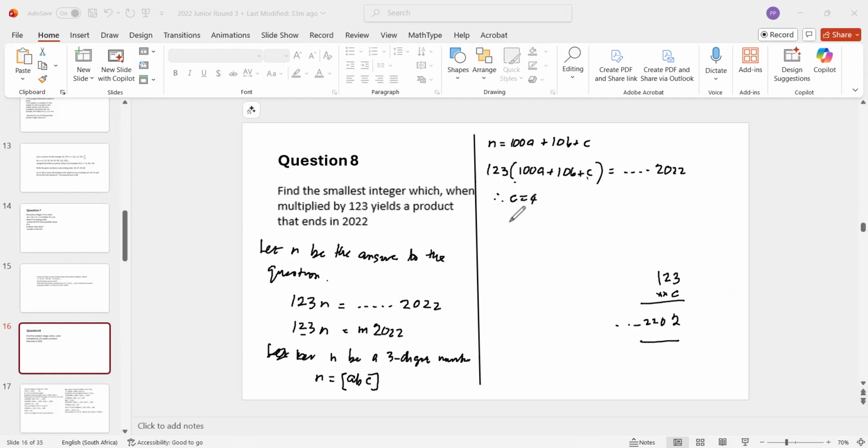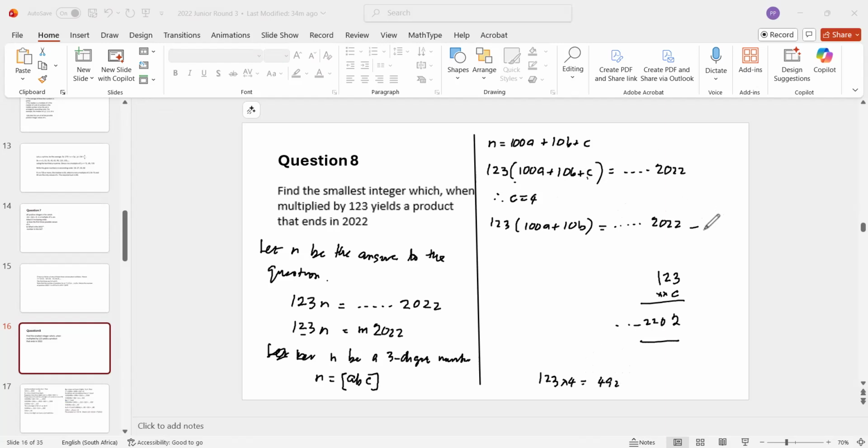So let me substitute that inside here. I've got 123 times 100A plus 10B, plus this number which ends in this, with C equals 4. 123 times 4 is 492.